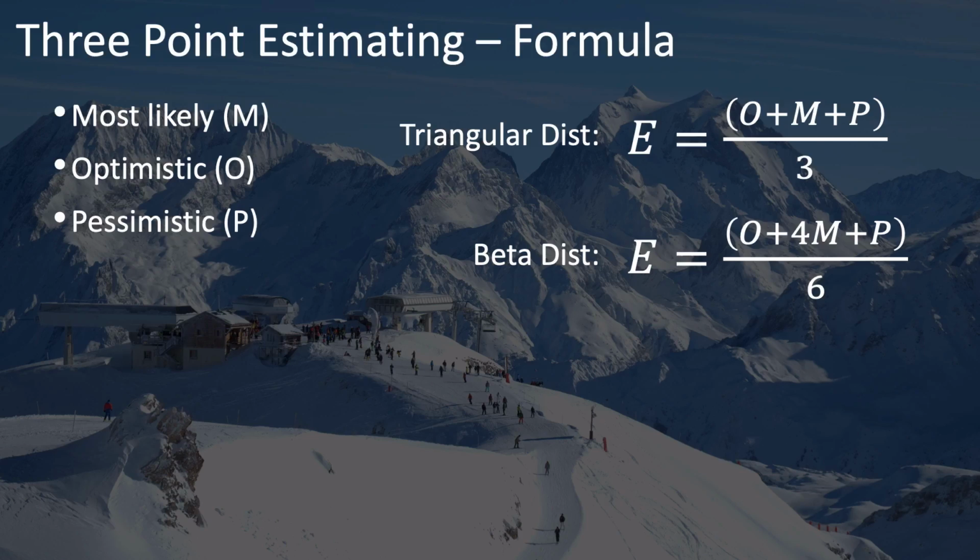In a beta distribution, you assume that the likelihood of these estimates is shaped more like a bell curve, and in that case, you put more emphasis on the middle estimate and less on the ends. In this case, you multiply your most likely estimate by 4, and then add it to the other optimistic and pessimistic estimates and divide the whole thing by 6. And this provides you a weighted average that is weighting the middle part of the most likely.